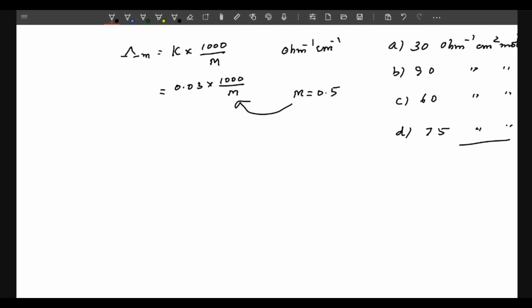The conductivity of a saturated solution of barium sulfate is 3.06 into 10 power minus 6 per ohm per centimeter. The kappa is given per ohm per centimeter.